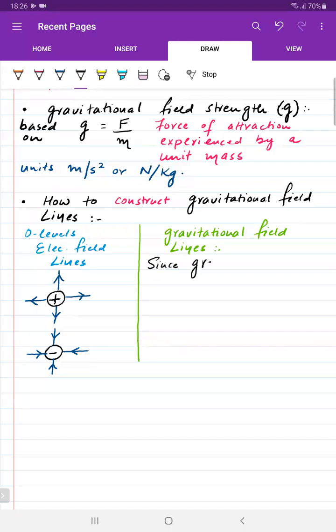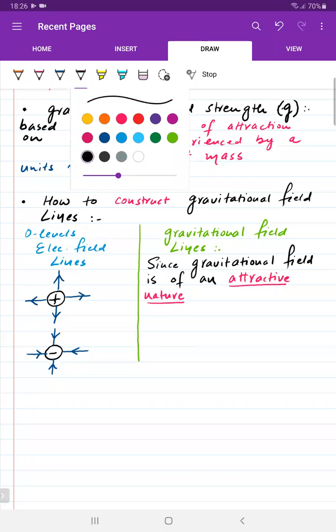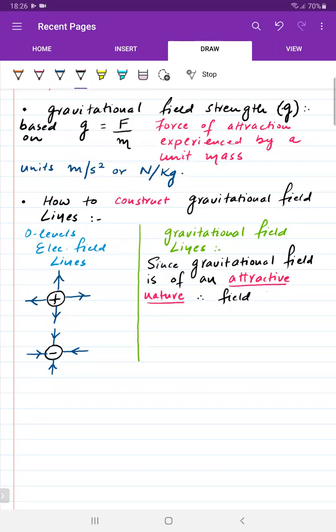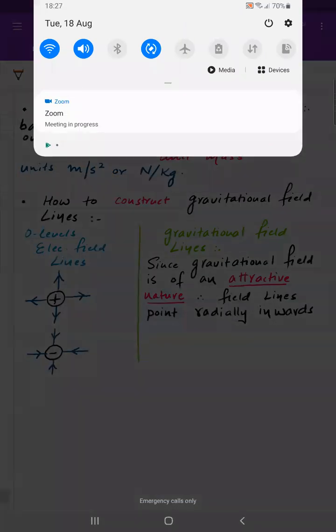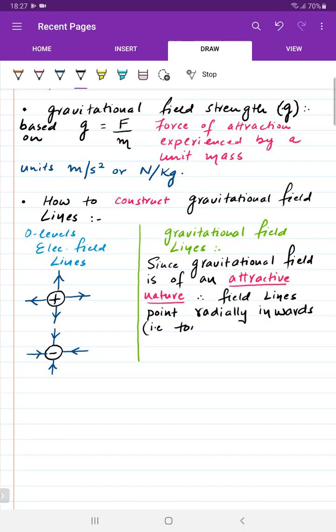Since gravitational field is of an attractive nature, therefore field lines point radially inwards. Sorry, that is towards the source mass.